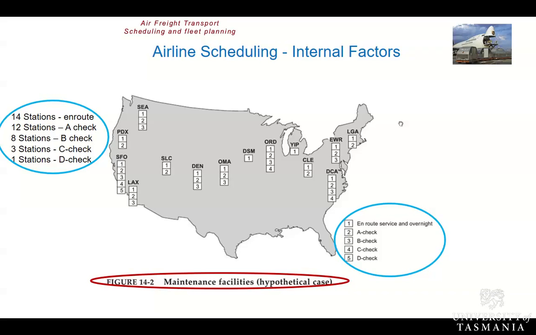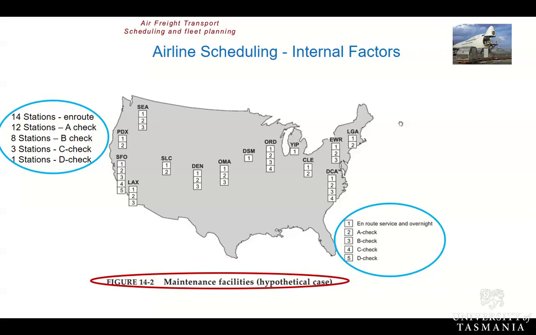All of them are in a situation to do the en route check. But as you get through to the more detailed type of checks, the C check and the D check, there's only a minimal number of stations that would do that. And once again, that's tied in with the fact that you've got multi-million dollars worth of components and parts tied up in these particular inventories at these stations.